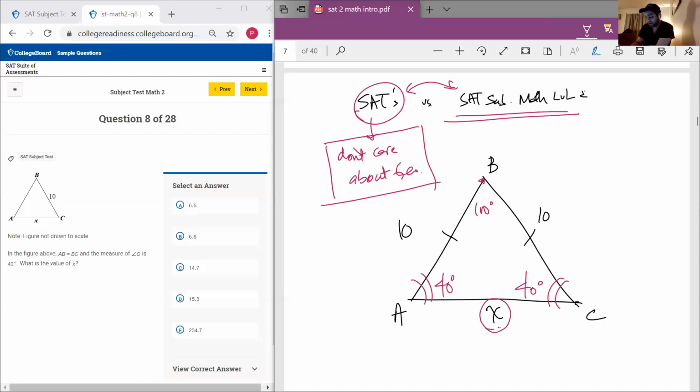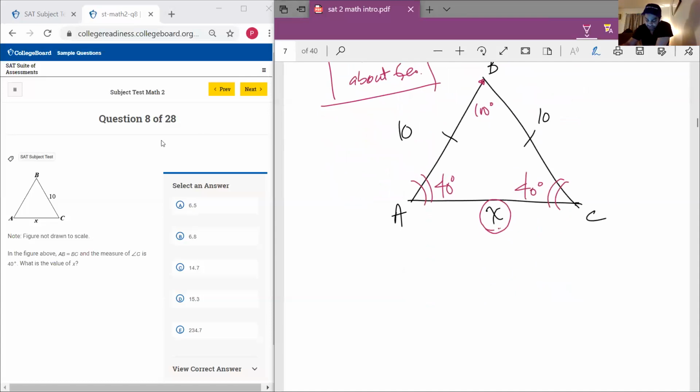Okay, there are a few ways of doing it. One way is you can definitely use law of sines. Law of sines says the ratio between the sine of any angle and the length opposite to it is constant in any given triangle. That's law of sines. It's a must know for this test. You have to know this formula. They will not give it to you as a note.